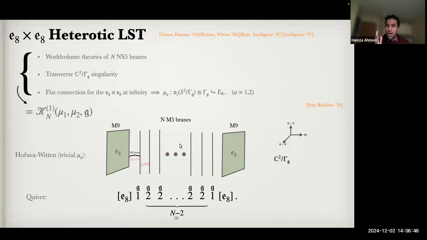If there's a single M5 brane, and you take the limit, then there's a string from the M9 to the M5, and this same string from this M5 to the M9, right? And if this M5 wasn't there, then this would just be, as you say, the heterotic string. Not sure if that helps, but yeah.